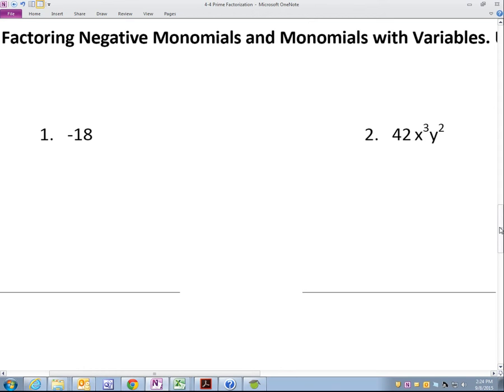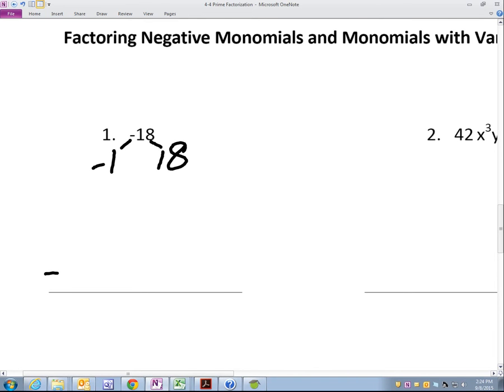Do you agree that negative 1 times 18 is negative 18? Okay, before you argue with yourselves, how many negatives are in that, Mandy? Only one negative. And when you have signs that are different, what's the product? Negative. So negative 1 times 18 is negative 18. So you have to pull this negative 1 out before you even continue.